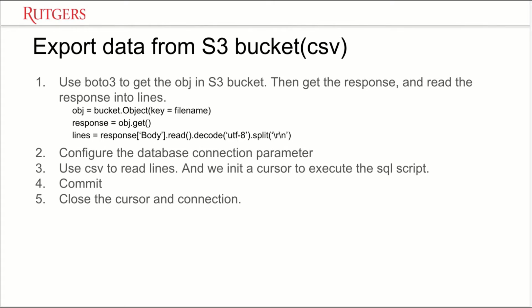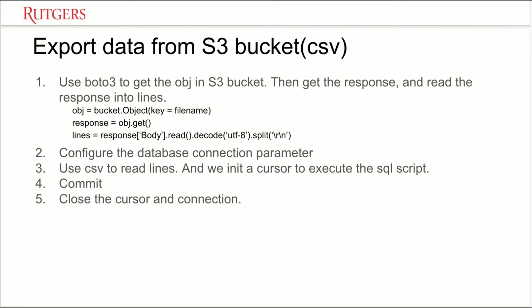And secondly, after practicing from local files, we begin exporting data from the S3 bucket using CSV. We also tried two approaches to export data. The first approach is to read the file in S3 using Boto3, put the object response, the byte stream, into a list called lines.